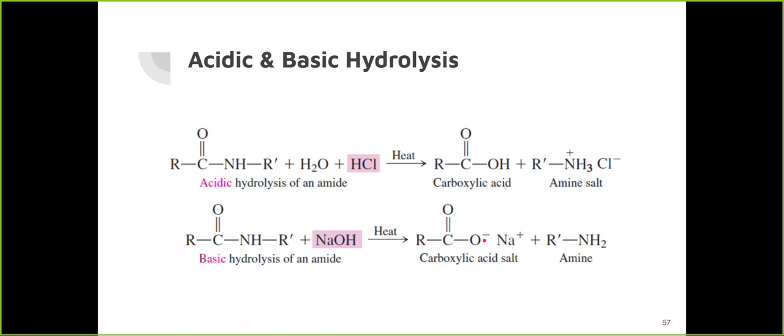There's no H here. And then that will form a salt with your cation. So acid produces an amine salt. Base is going to produce a carboxylic acid salt. Any questions there at all?